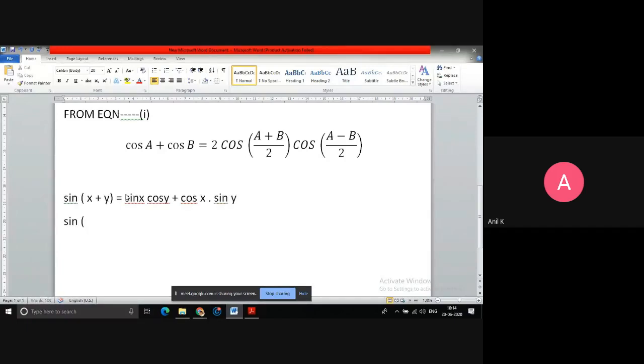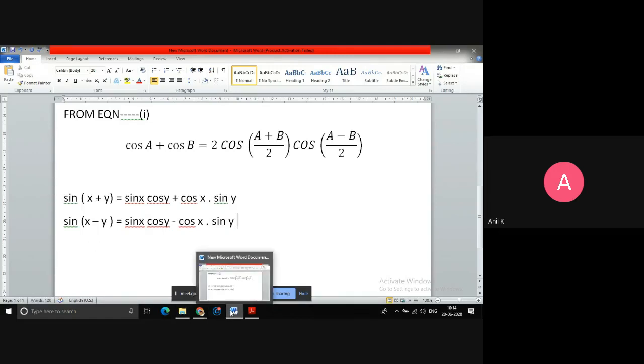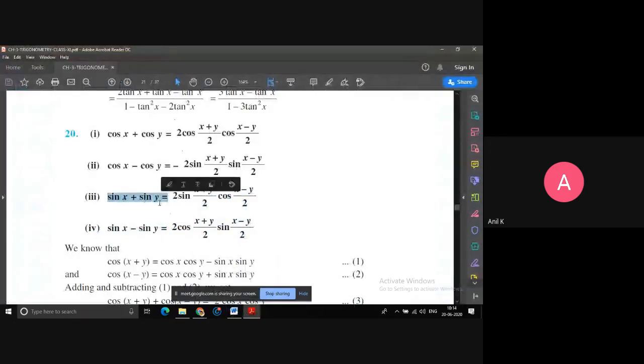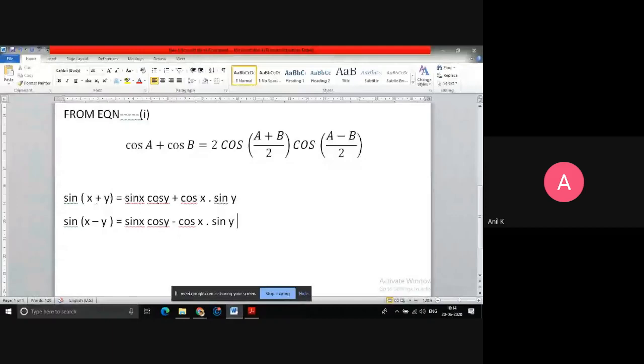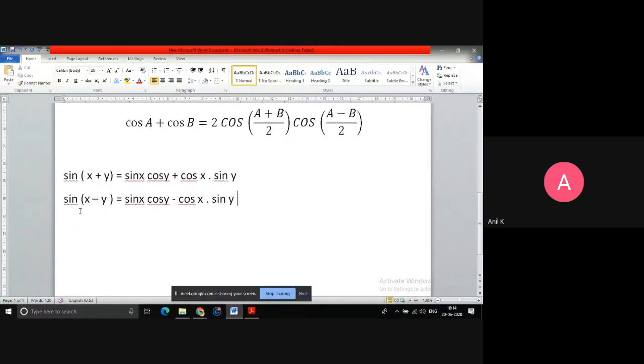When I go for sin (x minus y), what you get is sin a cos b. The same formula will remain, but the only thing is the minus sign will come here. So now if you want the sin x plus sin y formula here, what you have to do is add them.